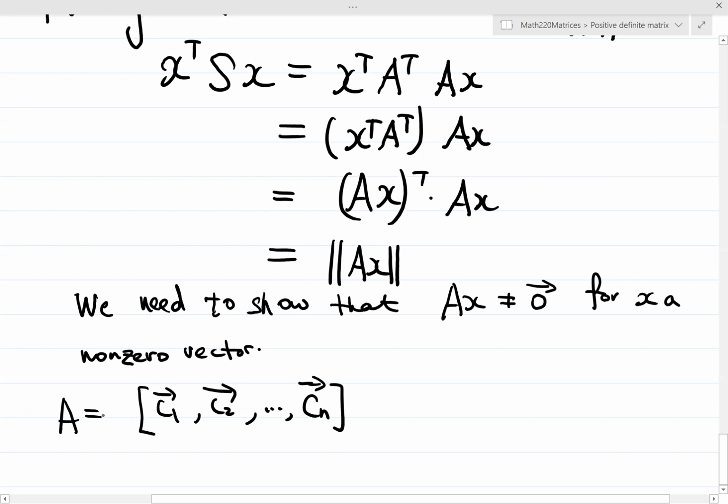Now write x as the vector x1, x2, up to xn in R^n, where x is non-zero.